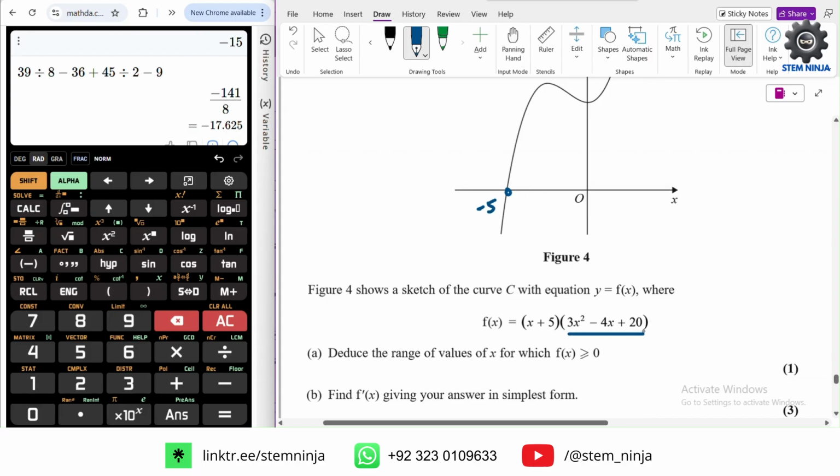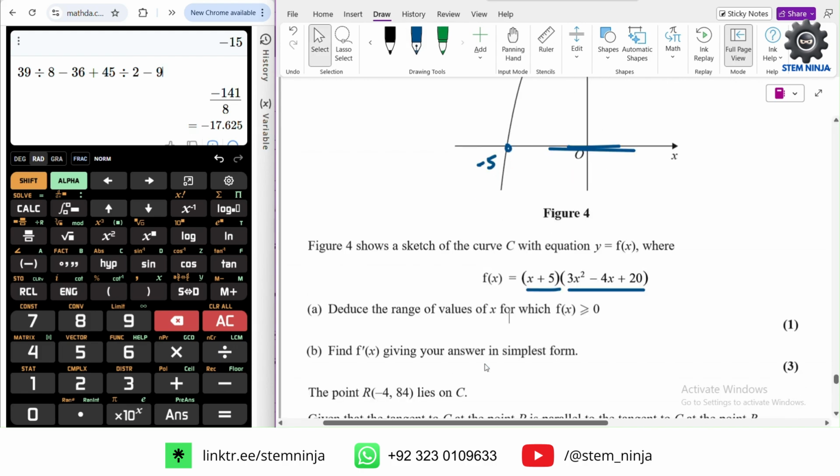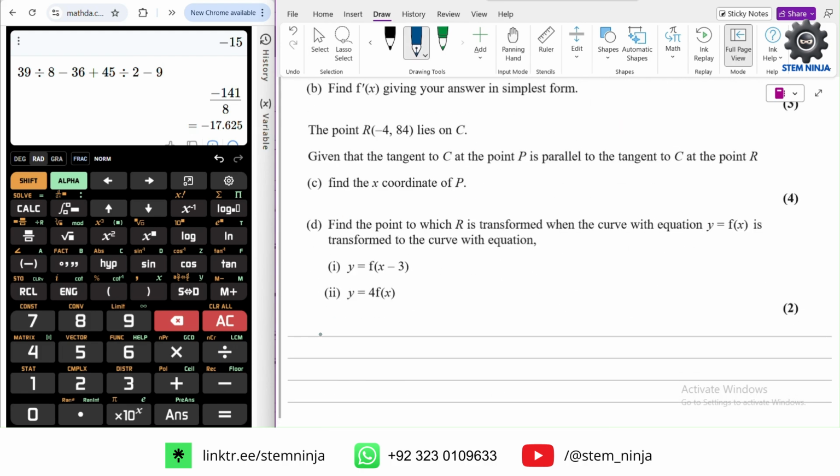This would get us complex roots, unreal roots, sorry, not real roots. So that is why there is no other x crossing over here. So the only real root is minus 5. So this would be x greater than or equal to minus 5.